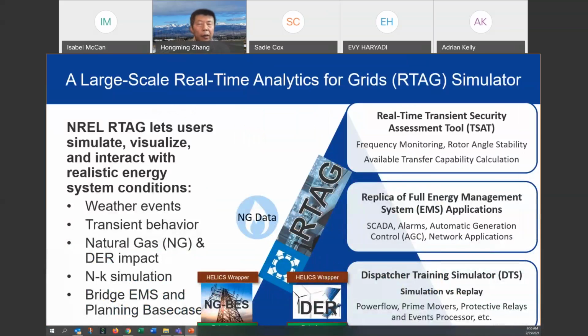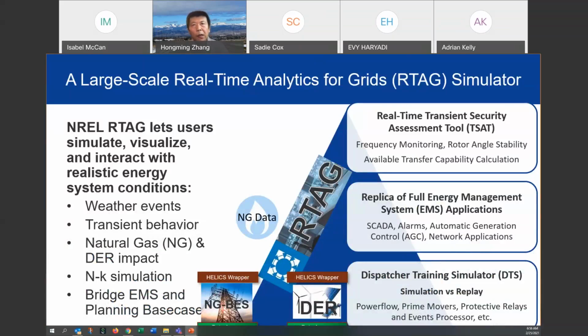So with a few DOE project supports at NREL, we try to incorporate research applications with control room applications. This is a way we are thinking could help industry solve some of the challenges we just talked about.